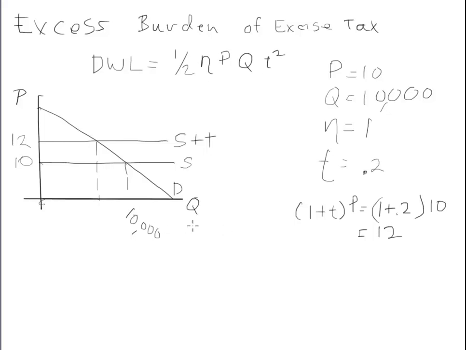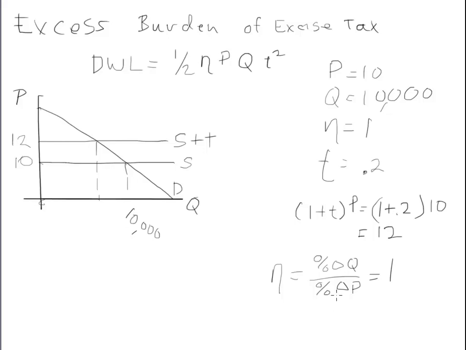Okay, now that's 10,000. We don't have a number right here, but we do know the elasticity is equal to 1. And we know the elasticity is equal to the percentage change in quantity over the percentage change in price, and this is equal to 1.